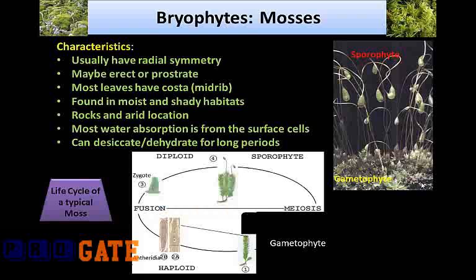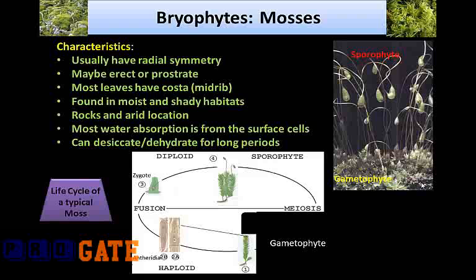Fertilization requires a drop of water that will permit sperm cells to swim from the antheridium to the archegonium. The fact that the non-vascular gametophytes require a moist environment and that free water is required for fertilization essentially limits bryophytes to environments that are at least seasonally wet.